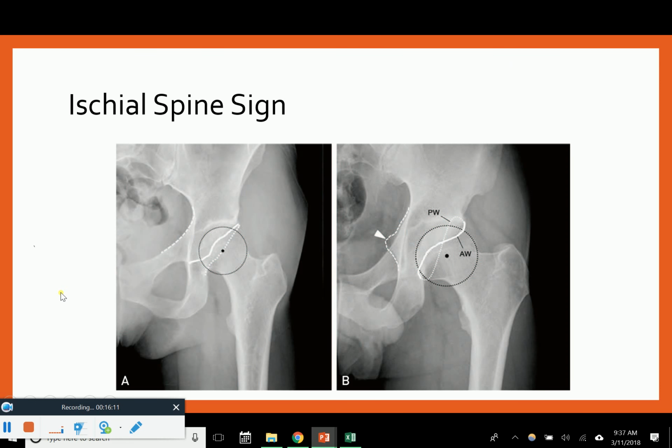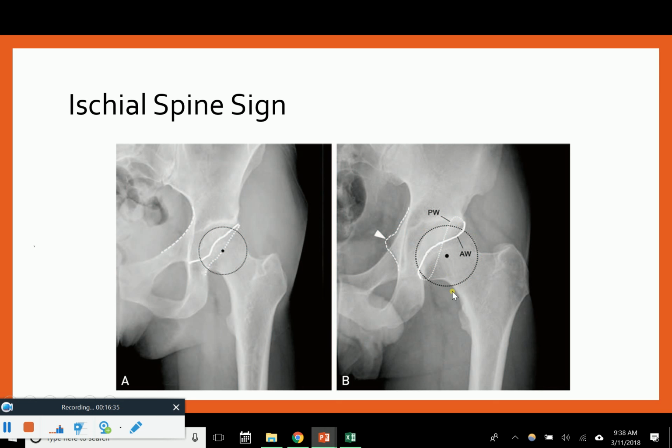The ischial spine sign is when you can notice the ischial spine on radiographs. What you want in the pelvic rim here is a nice smooth line, meaning the ischial spine would be behind all this. If there is an ischial spine sign, it might indicate as well that there's a crossover sign.